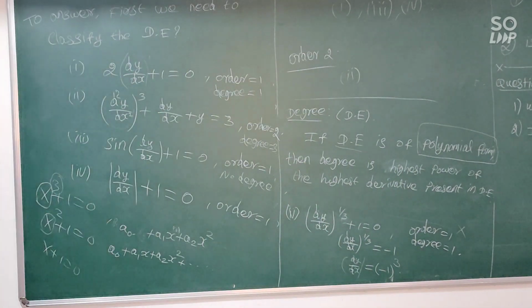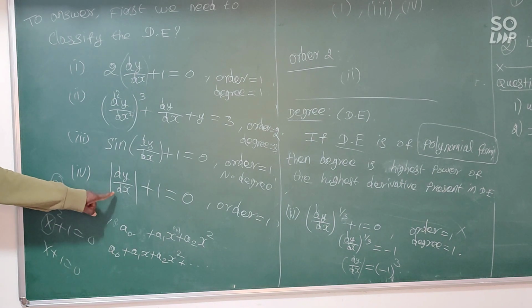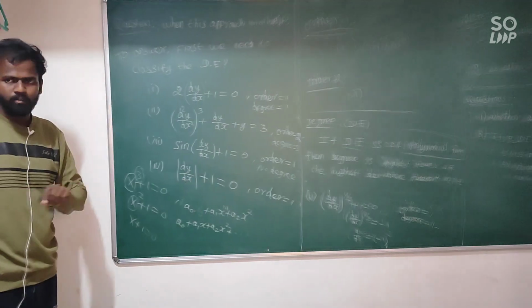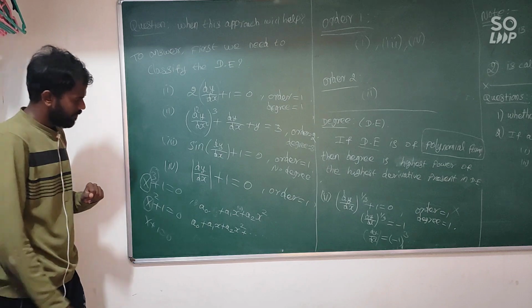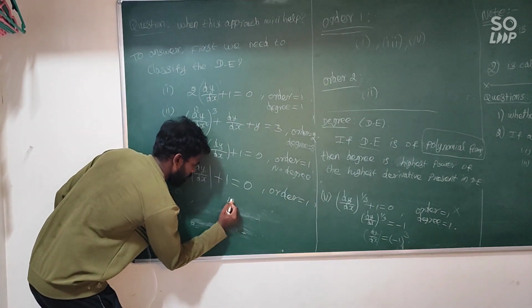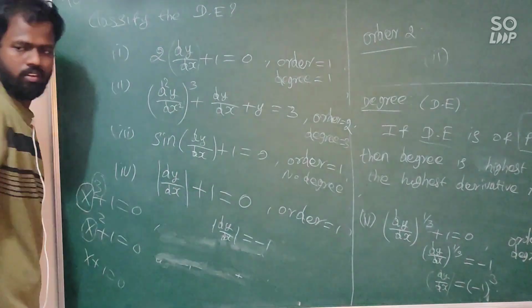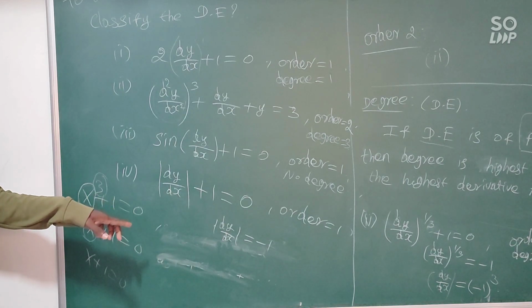Right? Likewise, for this one, it is not in polynomial form, but can you do something here so that it will become a polynomial? What can we do? First step, as before, dy/dx is equal to minus 1. Okay. Now what can you do? What is mod x?